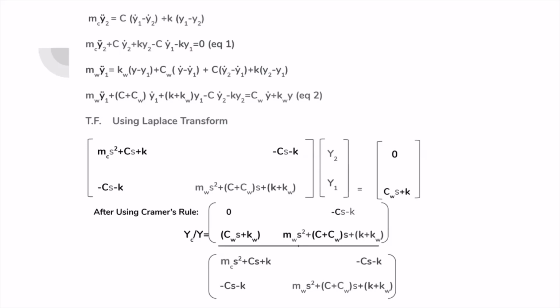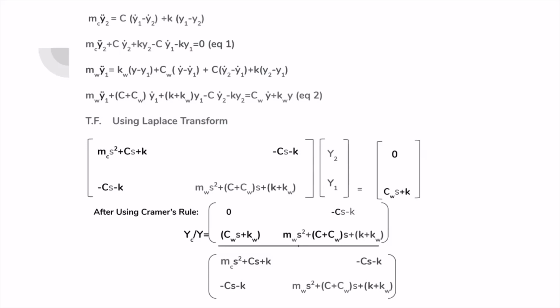And then on the right, we have minus CS minus K, which represents our Y1 values for equation 1. On the bottom of this matrix, we have equation 2. So for our Y2 values, we have minus CS minus K. And for our Y1 values, we have the mass of the wheel S squared plus the quantity C plus CW times S plus the quantity K plus KW.